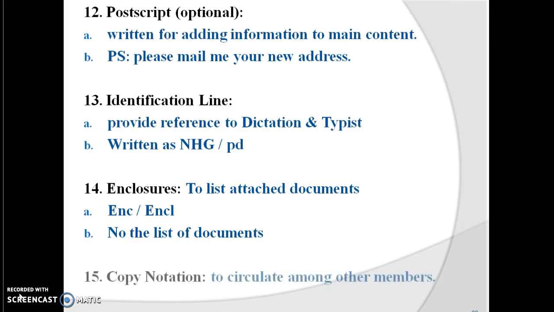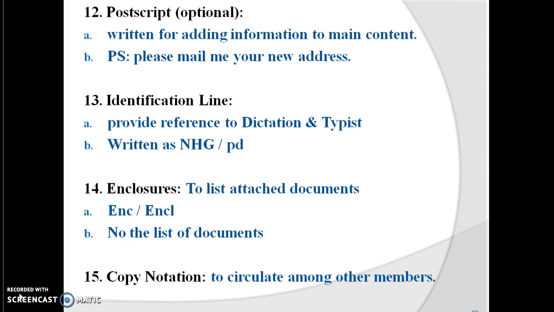The last element of a business letter is the copy notation. A copy notation is written to circulate the letter among other members of an organization, especially if you want that this letter should be given to more than one individual in an organization.